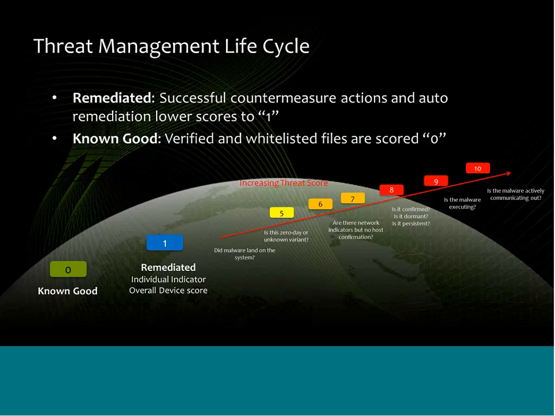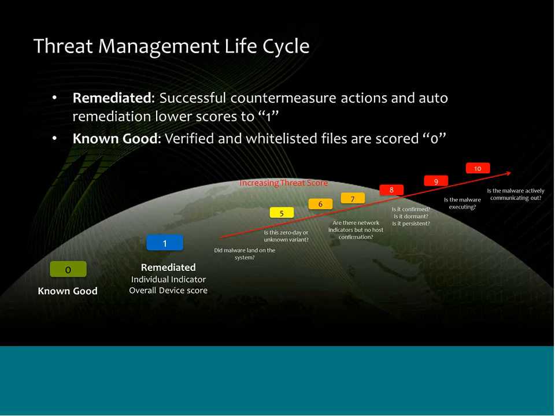We quarantine a file, we kill a process, that indicator becomes remediated and a score of 1. The entire device is remediated. The device has a score of 1. We push that out via syslog into your reporting systems. So now you get a life cycle view of what is happening on the endpoint.